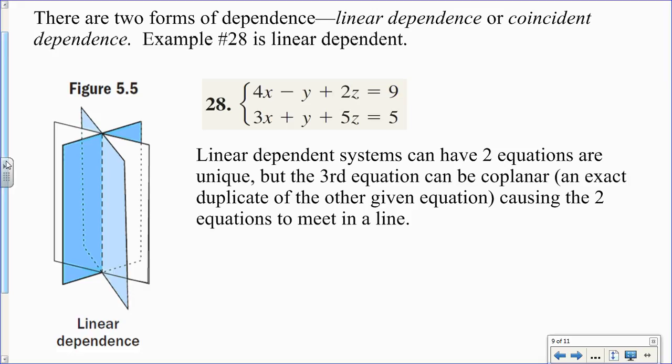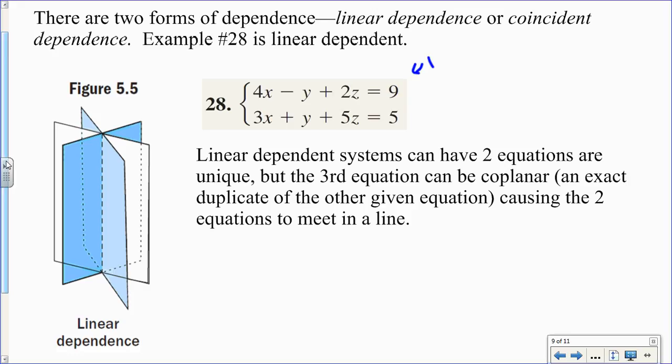Linear dependent systems have two equations that are different, but then the third equation is coplanar, meaning it's a duplicate of another equation. By duplicate, we mean it's not necessarily the exact same, but it's just multiplied by a scalar or something, so then everything would cancel. But if you just start with two equations with three variables, that is a giveaway that it's linear dependent.